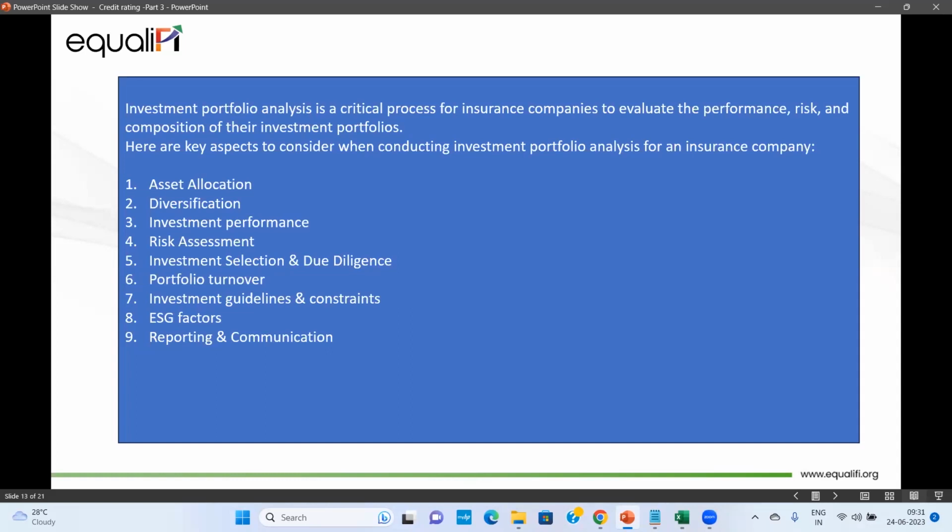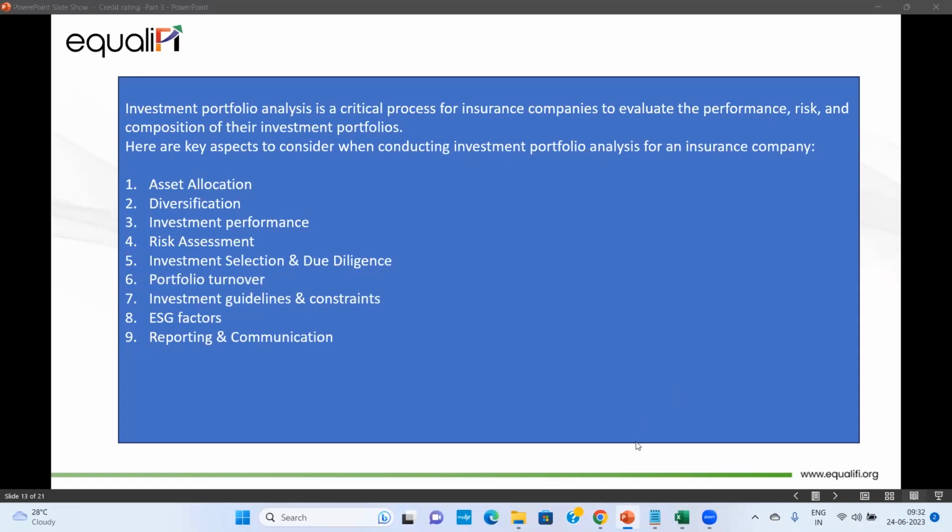So there are analysts, especially those who do investment analysis, and they see how they spread the entire money in different investment options that are available, how they diversify, and how their current investment is performing. What is the risk assessment?